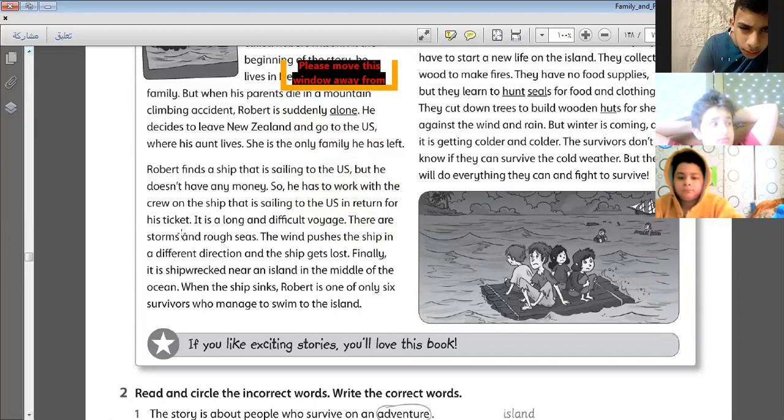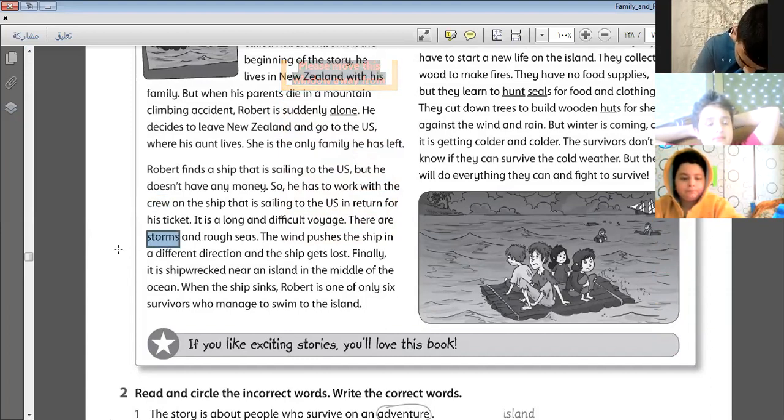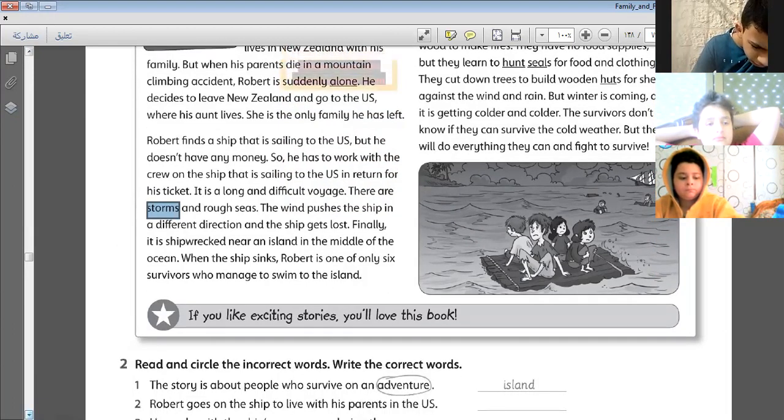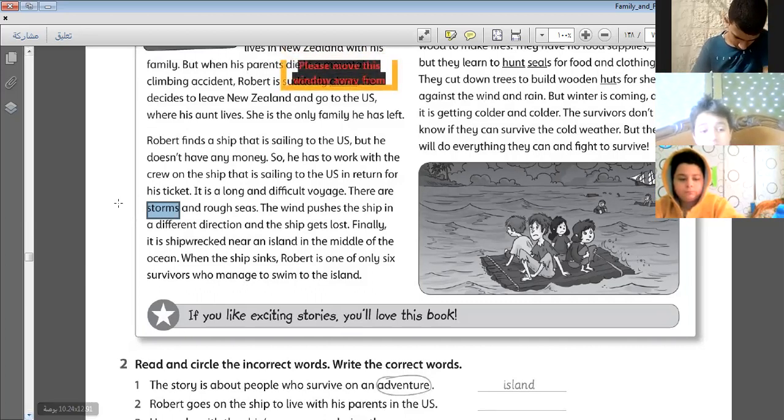You can find storms here and the crew above it. This is crew and storms. So number 3 crew and number 4 storm.